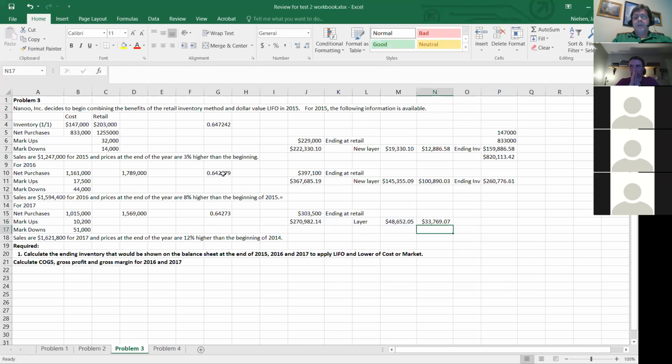Okay. Now, let's be real honest. If you would have used this versus this, your difference would be like $3 or something. So when the cost percentages are that close and that consistent, it probably doesn't make a lot of difference which year you use. But you should use the year that the layer was created. Okay.